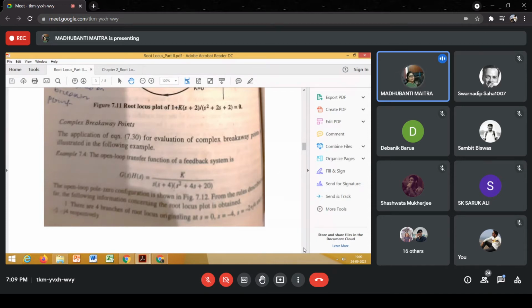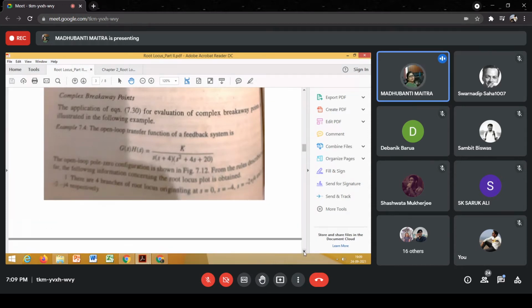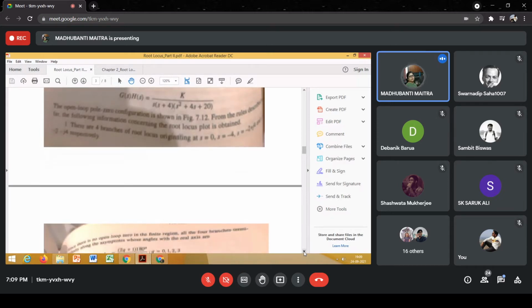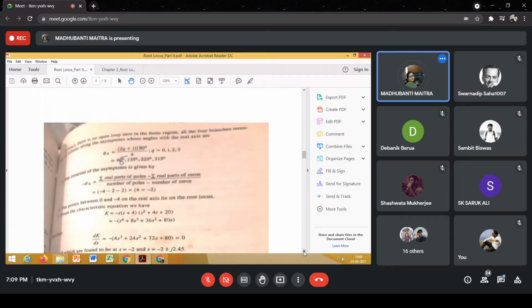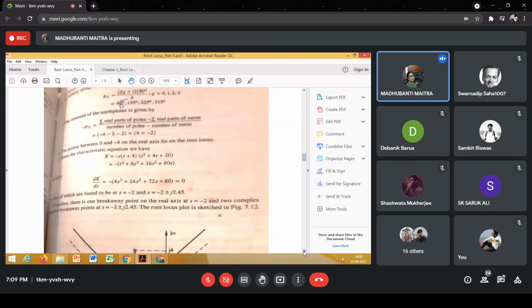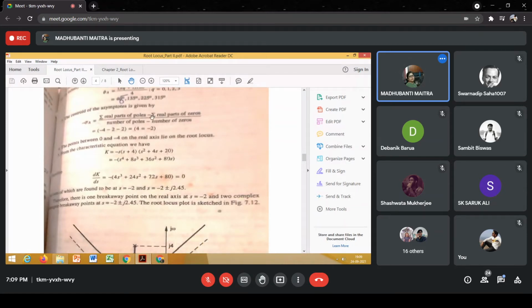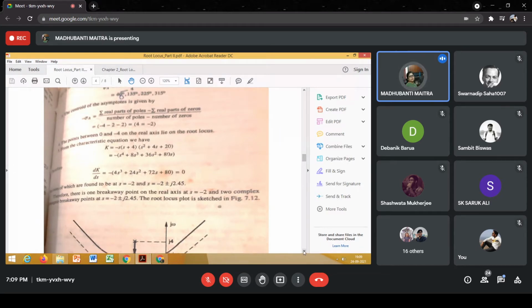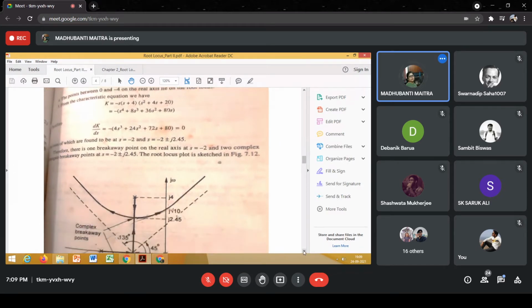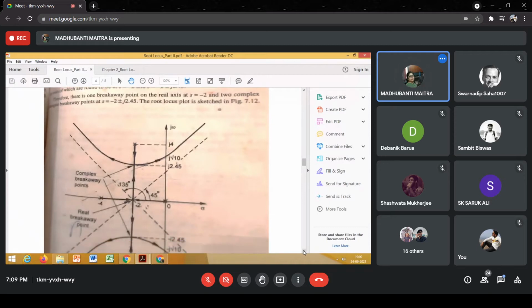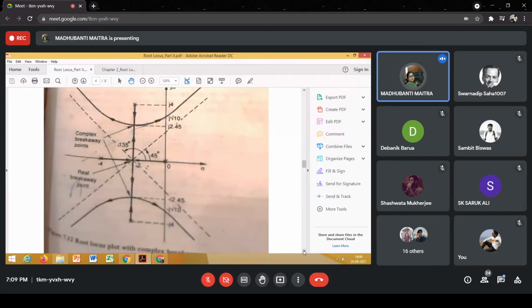So to sketch the root locus, these are the rules used, right? First of all, we'll have to place the open loop poles.